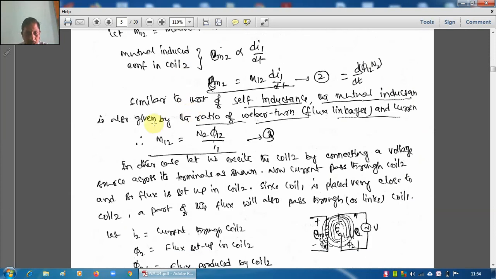Mutual inductance is also an inductance, also the ratio of flux linkage to the current, but that flux linkage is slightly different. It is the product of N2, phi 12 and I1. So the mutual inductance can be defined as N2 phi 12 by I1.